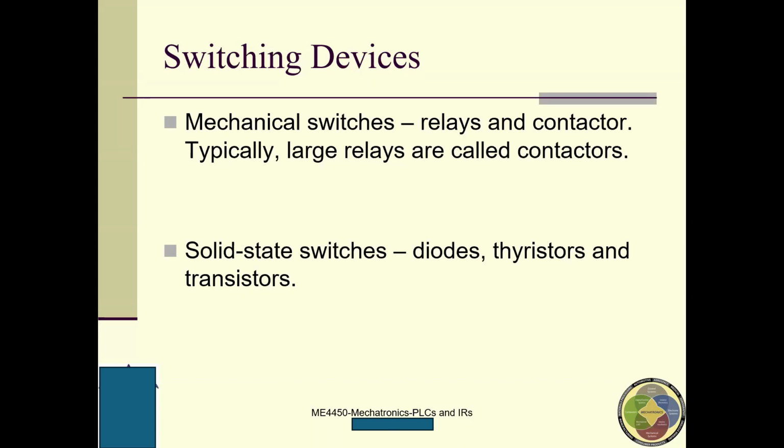This is the first one, a PNP. And here is the base, the B. B is the gate, and we call it base. And here is the emitter.